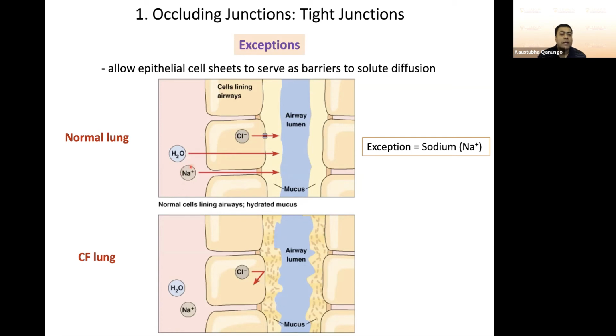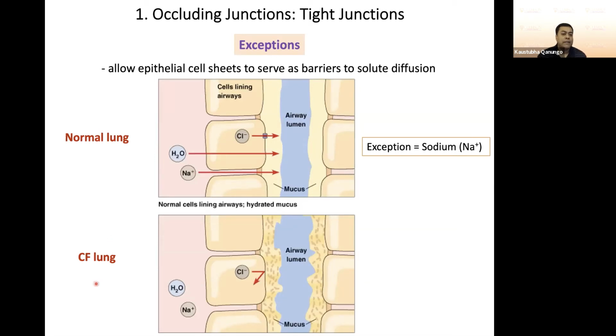So sodium is one of the exceptions which is allowed to move in certain tissues through the paracellular space. The tight junctions will not allow water to move through the paracellular space. So water needs to be moved by the aquaporin inside the cell. There will be no water movement through the paracellular space. Only sodium can move through this.